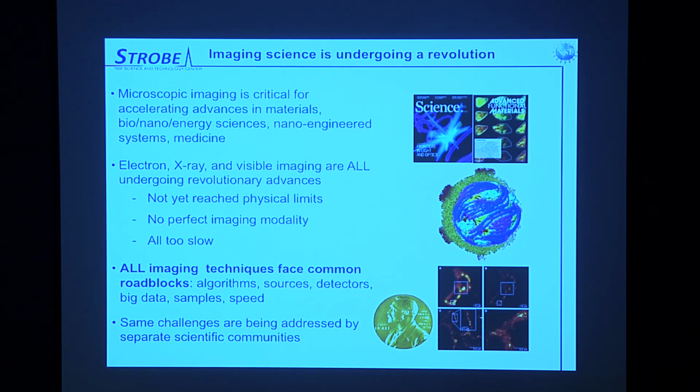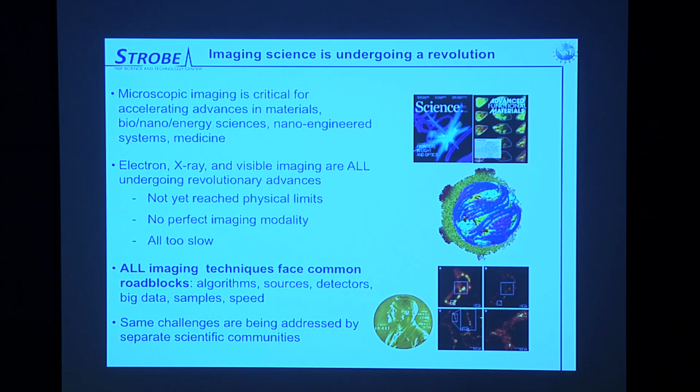Every area of imaging, from the beautiful super resolution imaging to electron imaging to X-ray imaging, has undergone really amazing advances in the past 5 to 10 years. But the one interesting aspect of all these imaging techniques is none of them are anywhere near their physical limit. Some techniques are good for high time resolution, some for high spatial resolution, but none of them are the perfect imaging modality. And they're all way, way too slow.